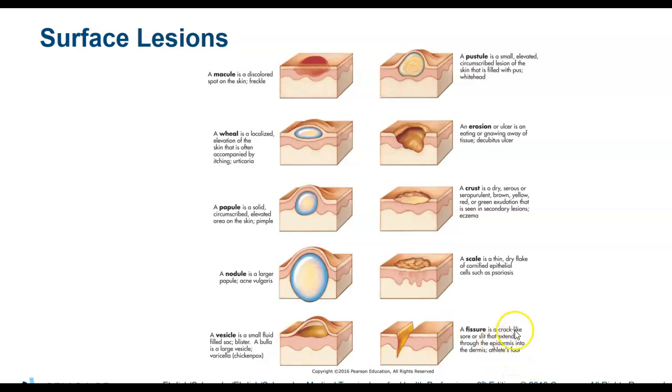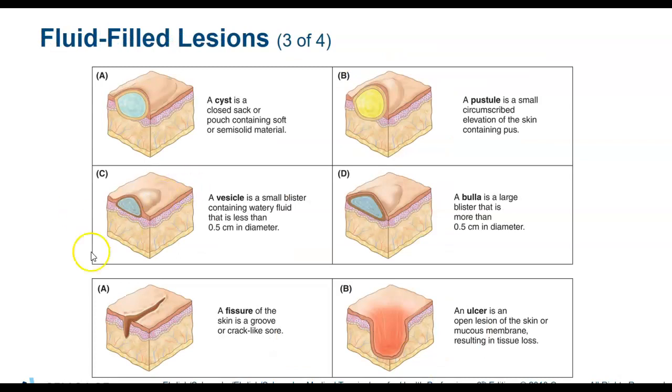And a fissure is actually a crack-like sore. And you'll see this a lot in the winter around your fingers, around your toenails, on the heels of your feet when they get extremely dry, and they'll crack, and it can become very, very painful. A cyst is a closed sac or pouch that contains soft or semi-soft materials.